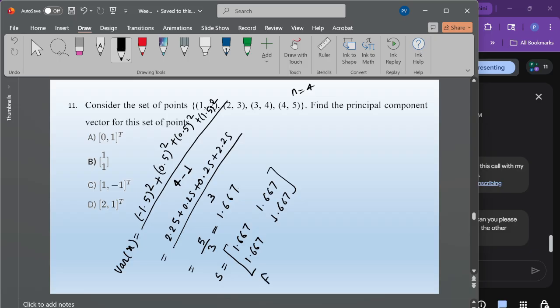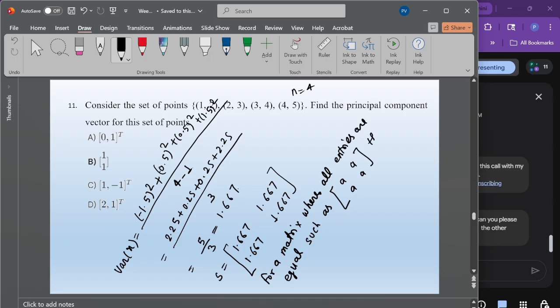So for a matrix where all entries are equal, such as, I'm just taking an example, a and a.